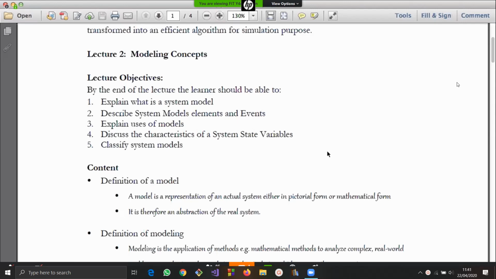You can say therefore, it is therefore an abstraction of a real system. The word abstraction you can now relate to the concepts of object-oriented programming that you've done. Abstraction is one of the concepts of object-oriented programming. And abstraction, as they were, is a representation.